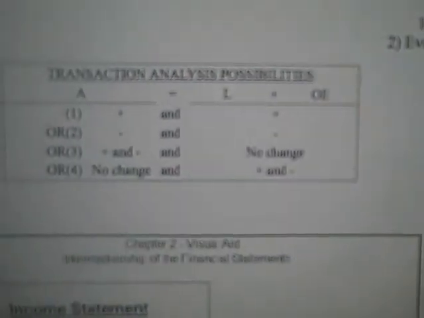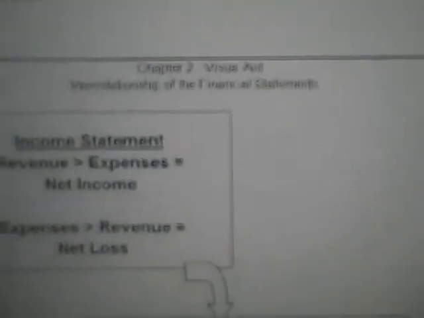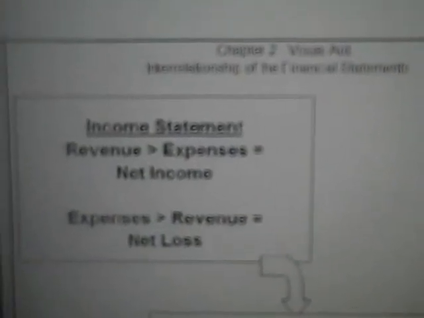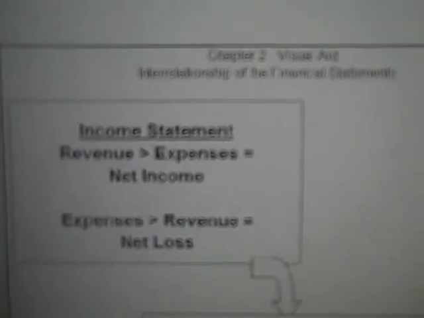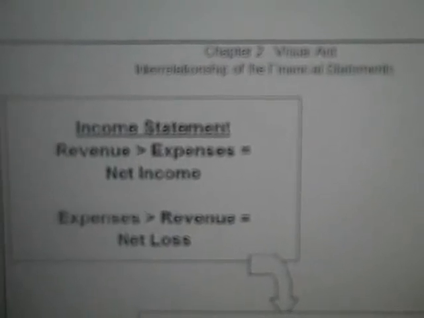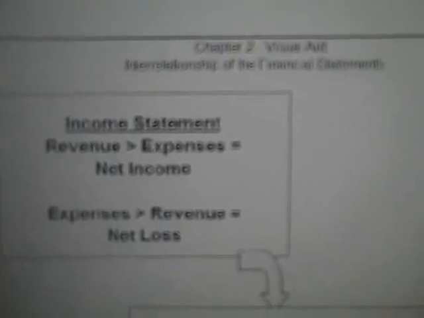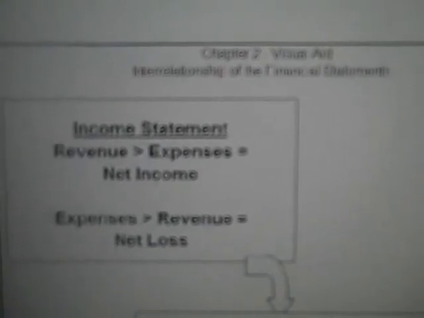And those are going to impact, in the end, your owner's equity. And let's see how that works. Because in the next visual we have here, you can see that if your revenues are greater than your expenses, which is what we like to see, you have a net income. Or if your expenses are greater than your revenues, you're going to have a net loss.